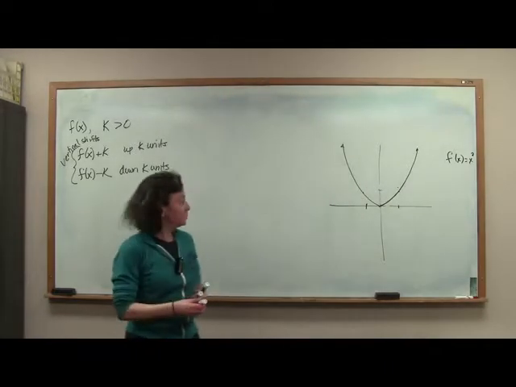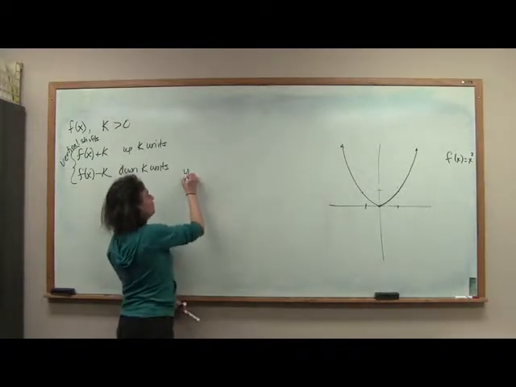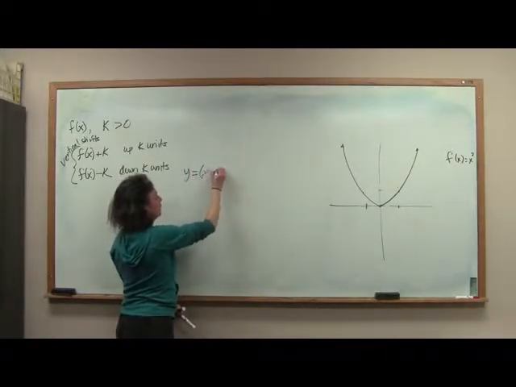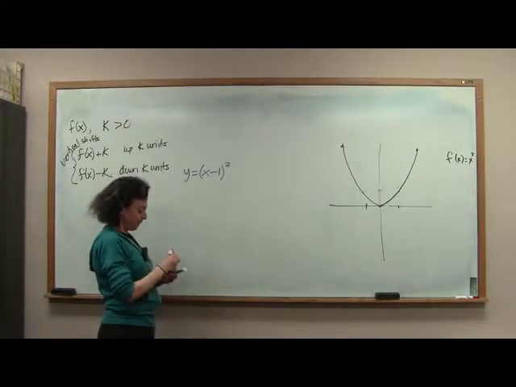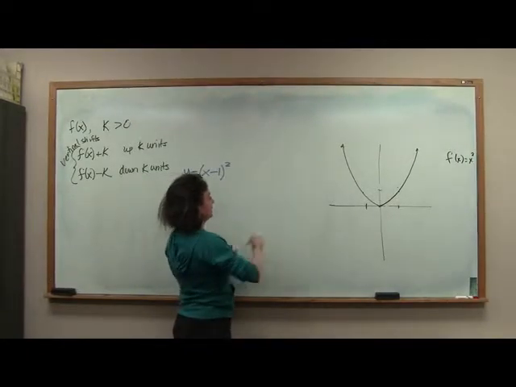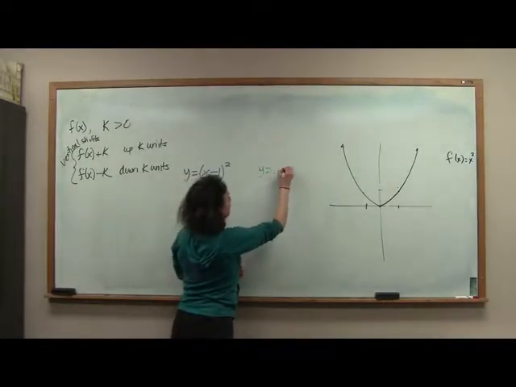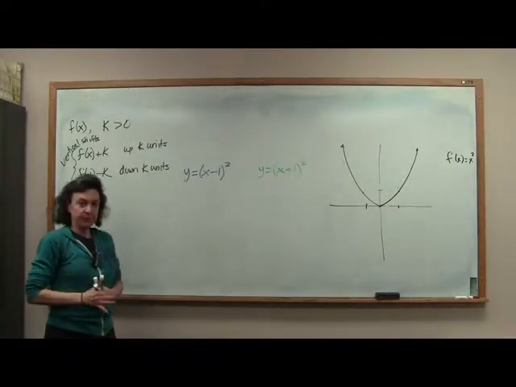Now what I want to do is first look at what x minus 1 quantity squared is. And then what we're going to do is graph y equals x plus 1 quantity squared.